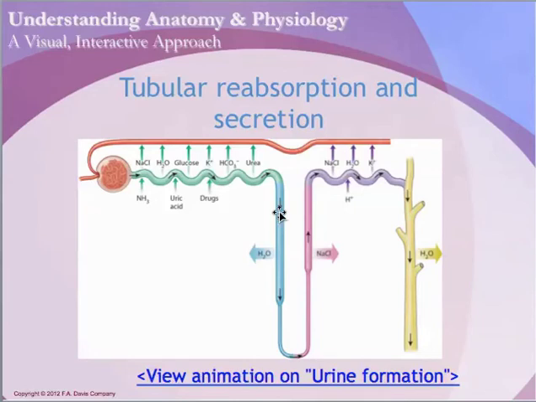Water and sodium are regulated a lot here in the loop of Henle, as well as in the collecting ducts. So our body has great control over these. If we have too much water or too little water, our body usually knows that via blood pressure. So it can really cause a swing of water there.